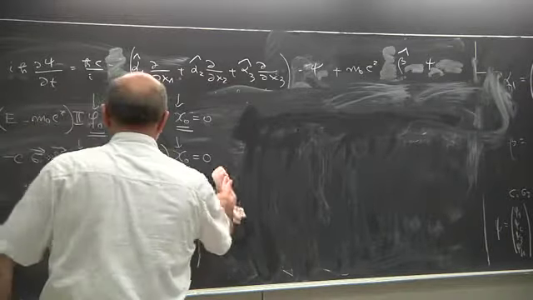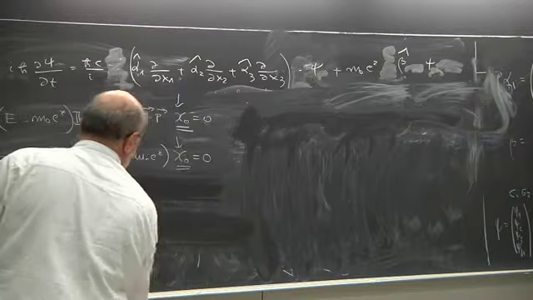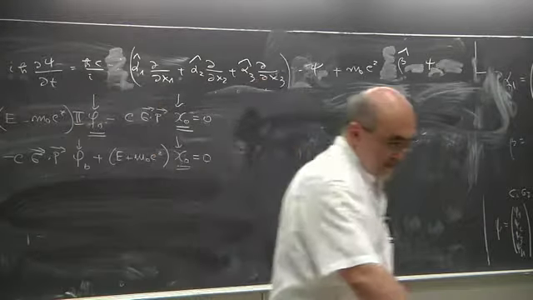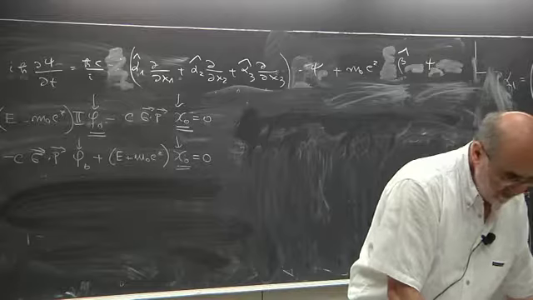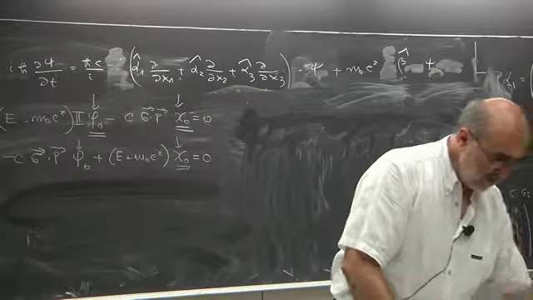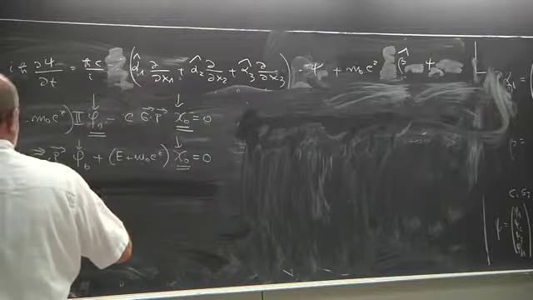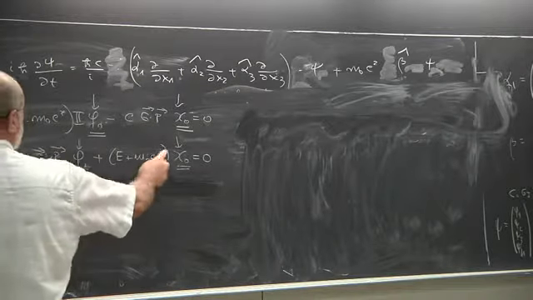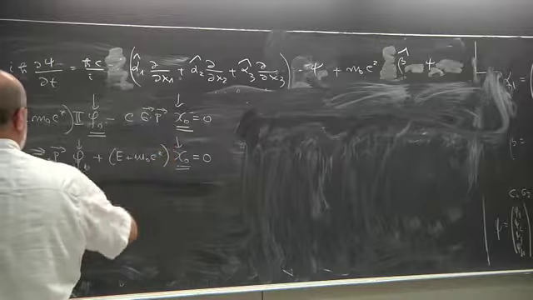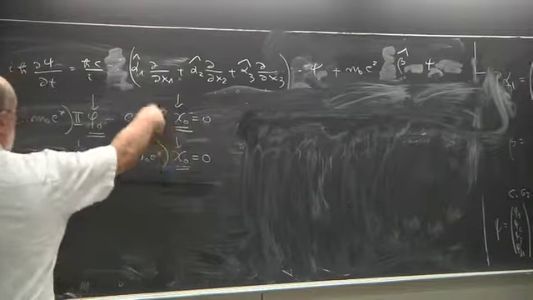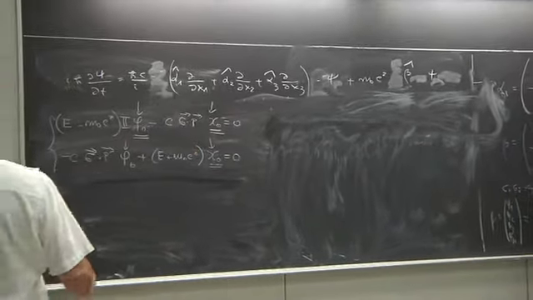One is a linear combination of the other. So it's enough if we solve one equation. The determinant is 0, so one is equivalent to the other.